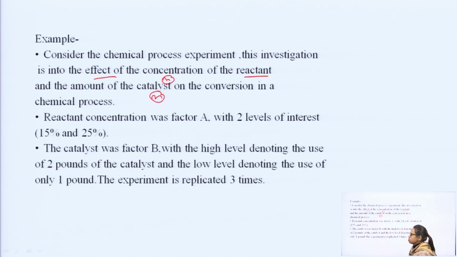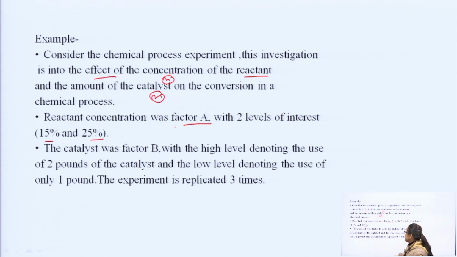When there is a chemical process, he wants to check the concentration of the reactant and the amount of the catalyst. Next, the reactant concentration was factor A. Here the one variable is factor A with two levels of interest, 15% and 25%. It means the reactant concentration has two different levels, one is 15% and the second is 25%.